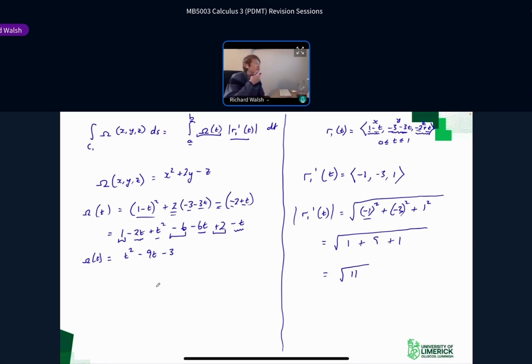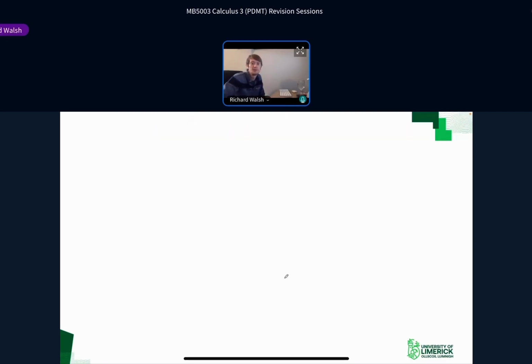Now we're going to substitute in the values and work out our line integral. I'll go to a new slide altogether. So we have the integral from A to B, they were our start and end t values, for C1.